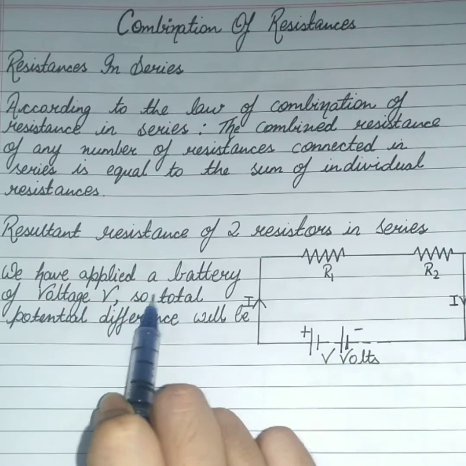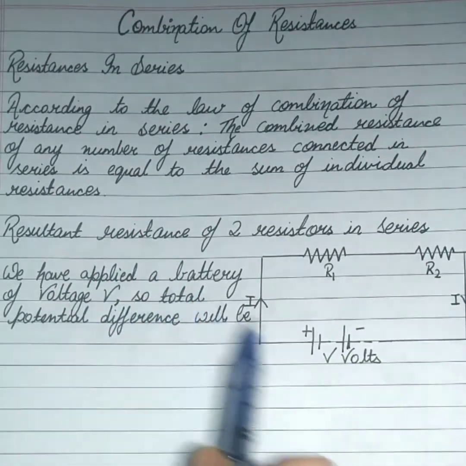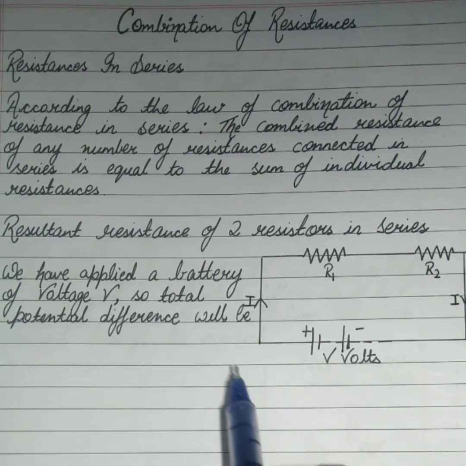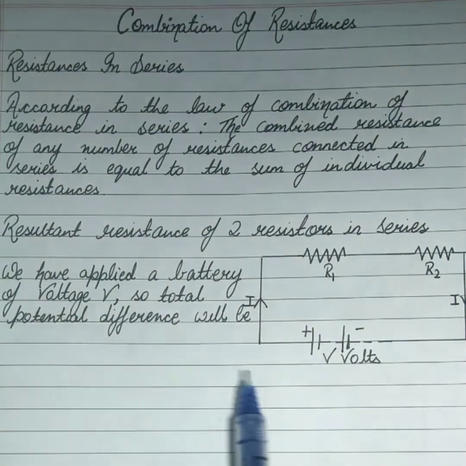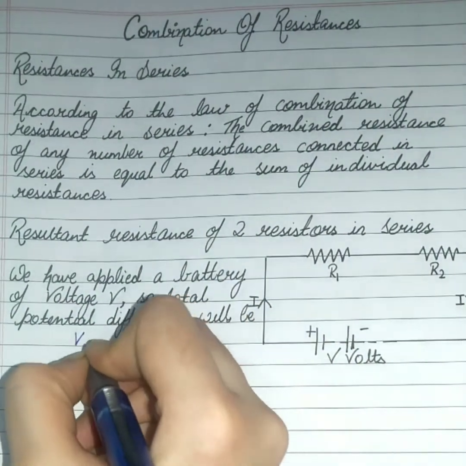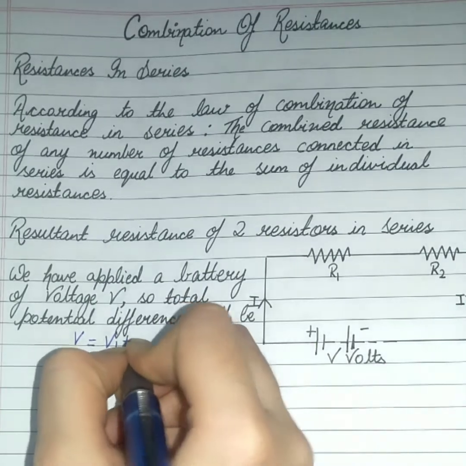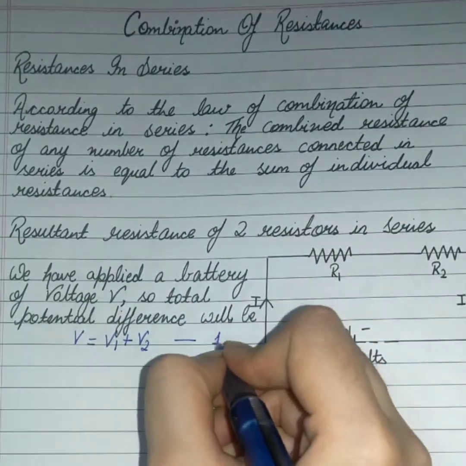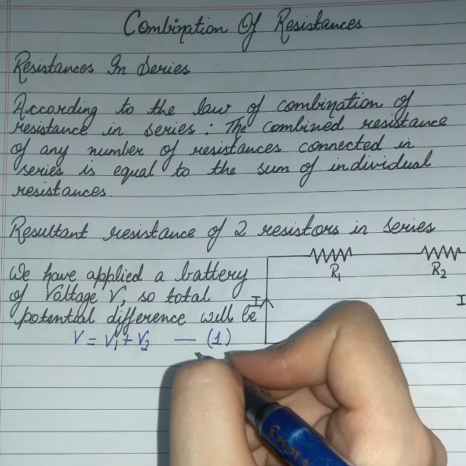We have applied a battery of V volts. So the total potential difference would be V equal to V1 plus V2. This would be our first equation.